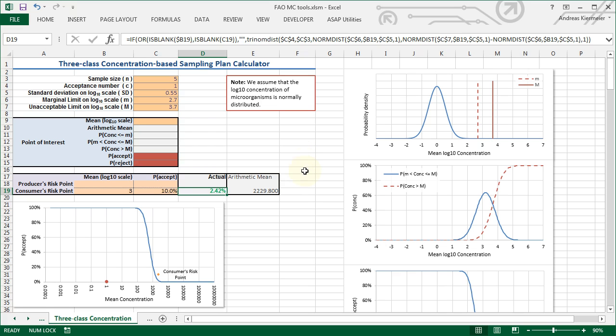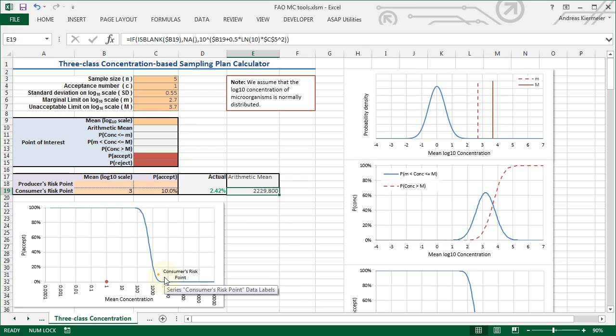This also provides us with an arithmetic mean of 2,230 almost, and the point is displayed down here on the OC curve.